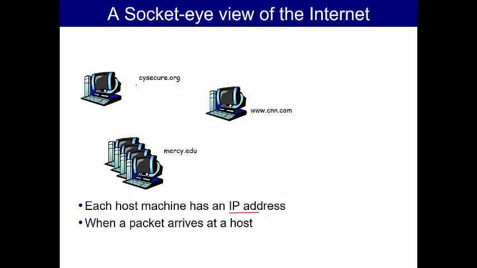Scicecure.org, I'm not sure, but it has 172 dot, let's assume 21 dot 5 dot 10, and Mercy.edu has also some, right? How can you know? There are a lot of ways that you can check the IP address for a particular host.